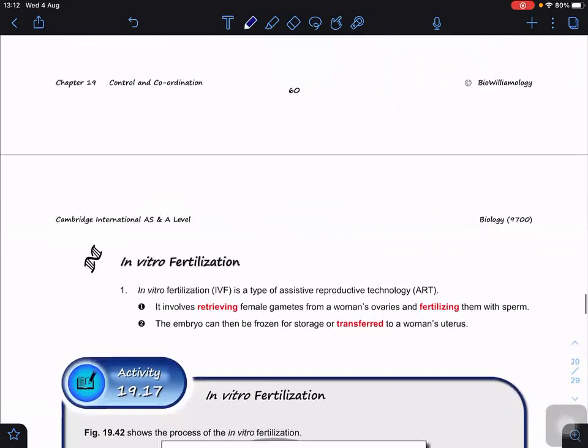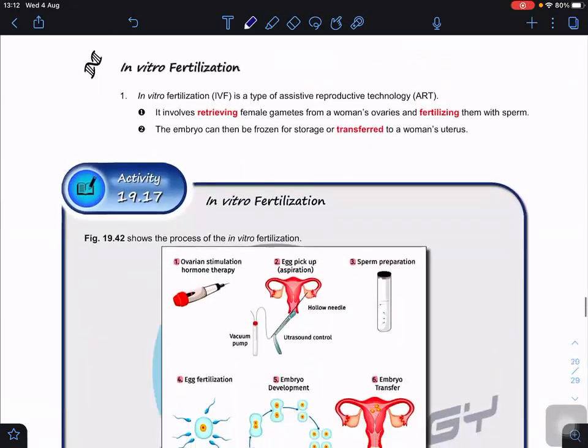So let us look at the process of IVF. IVF involves two important parts. First is the preparation. Second is the transfer. In vitro fertilization is a type of assisted reproductive technology where we first retrieve the female gamete from the woman's ovary, and then fertilize it with sperm cells collected either from the husband or a donor.